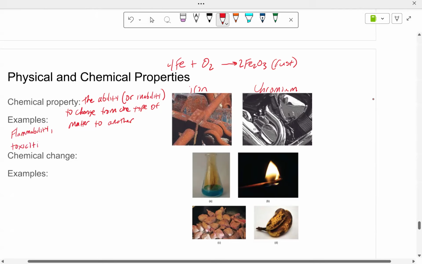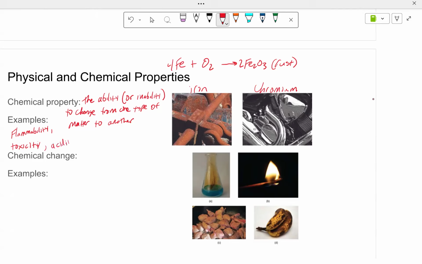How does it react? Sorry, I can't spell right now. Toxicity. How does it react to the human body? What kind of chemical reaction does it cause in the human system? Or something like acidity. We'll talk a lot about acids and bases, but a compound's tendency to act like that or not act like that is an example of a chemical property.